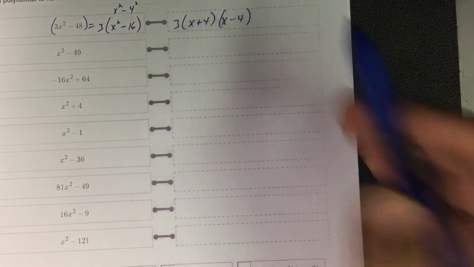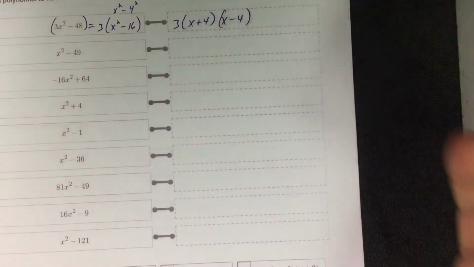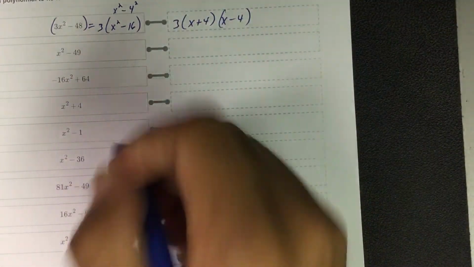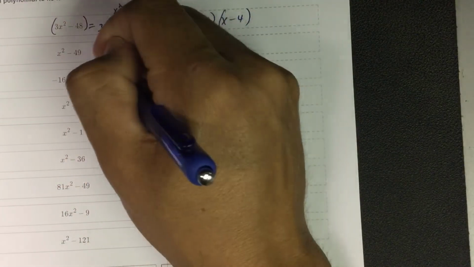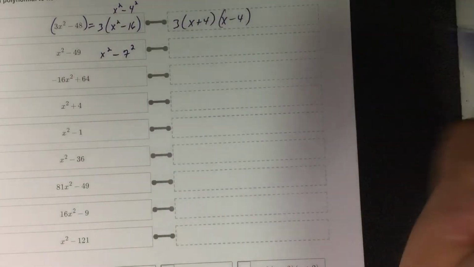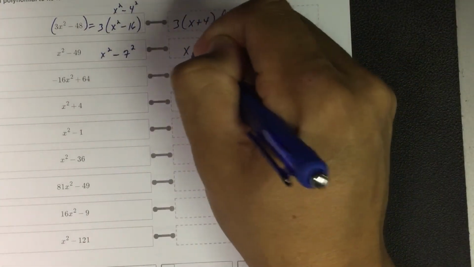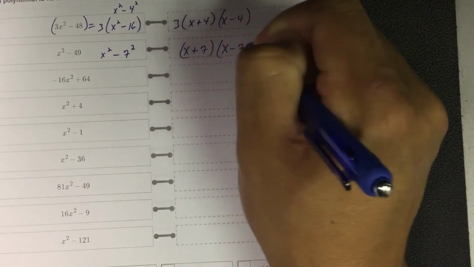And you could switch these around. I don't know what they are down at the bottom, but you could even have the minus and the plus opposite. I don't think they'll do that on this. This one is just straightforward. X squared minus 7 squared. So the x goes first, plus 7, x minus 7.